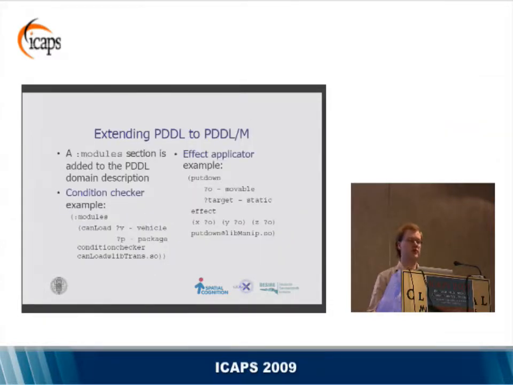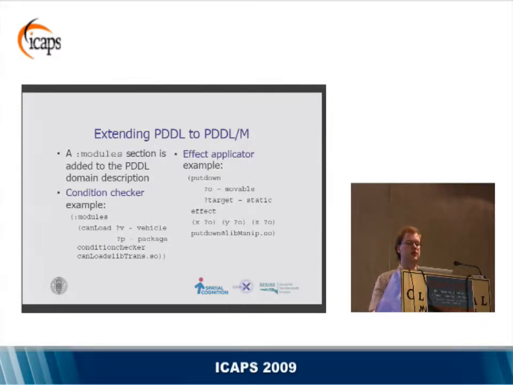This is an overview about the declarative part, and we based this on PDDL, and now did an extension to PDDLM for PDDL with modules. And the idea is to really change as little as possible, so it really looks like PDDL, and this should be the idea. So if you look at the condition checker, you can see that it has a name, can load.